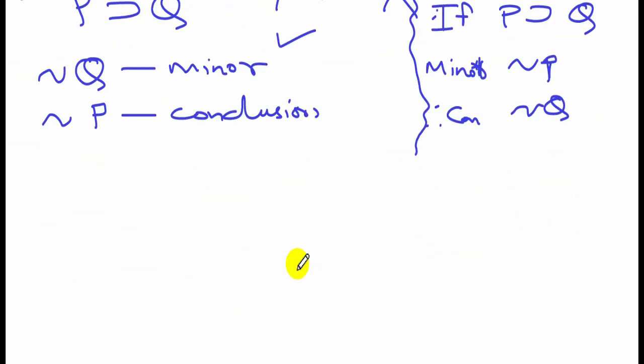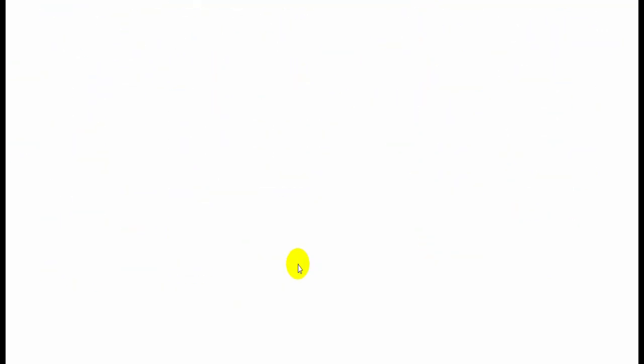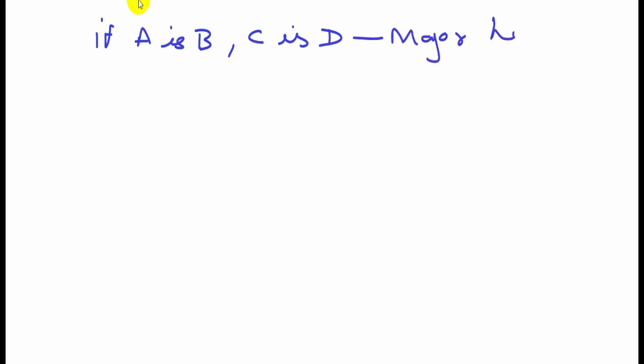Traditionally, it would be written as: if A is B, C is D. This is of course our major, and this is a hypothetical argument. Then the minor, again we are doing an example for a fallacy situation, which is wrong. So we are looking at why it could be wrong. So here the minor comes in.